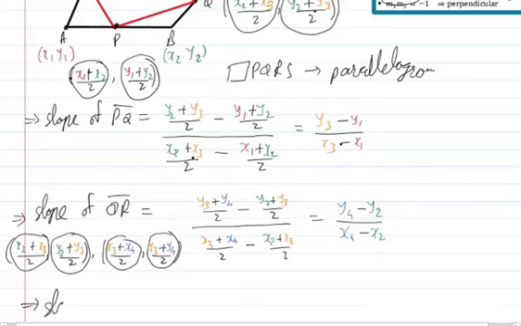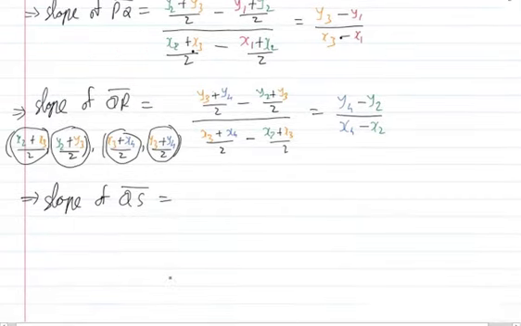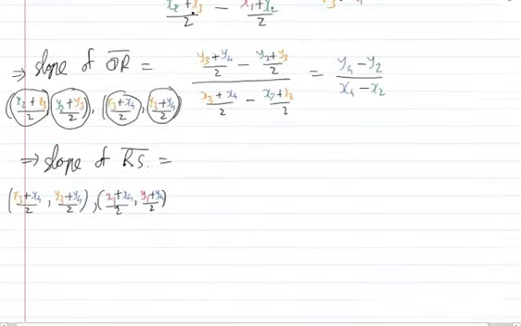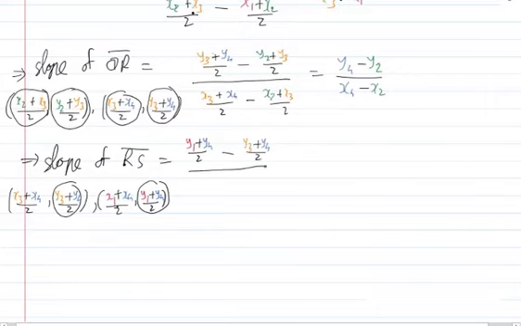Now let's go for the third edge, slope of RS, and let me get the coordinates of R and S for you. Then we just have to take the difference of y upon difference of x over here. In this case, the by 2 will cut, y4 and x4 will cut, right?